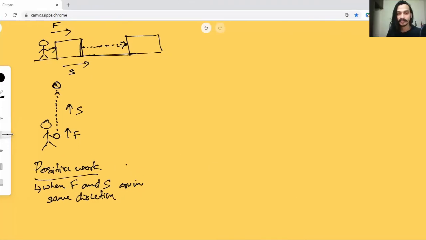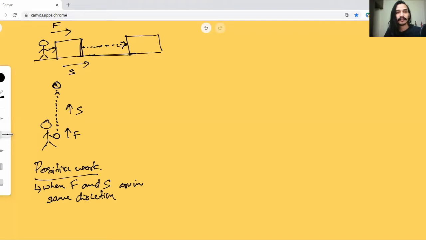That is when we say positive work is done. It is a very clear identifier. Now, when this is happening, it makes sense that something about the object is going to be special, right?